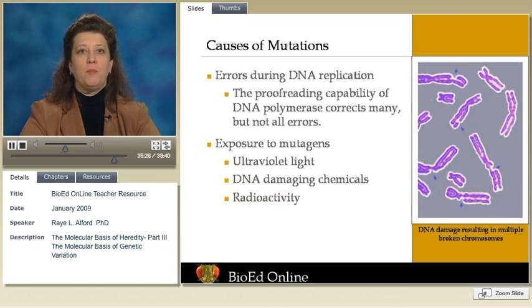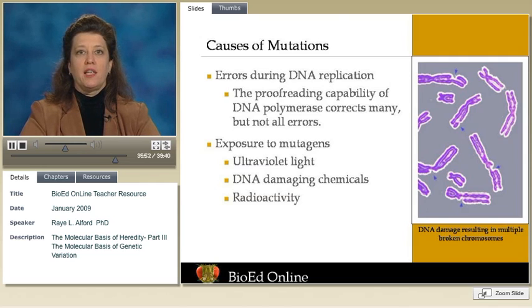Slippage of the DNA polymerase along the DNA strand during replication also can lead to small insertions or deletions within the sequence of a gene. Typically, slippage occurs in repetitive sequences, but conformational irregularities of the unwound DNA also have been shown to contribute to the occurrence of small insertion, duplication, or deletion mutations.